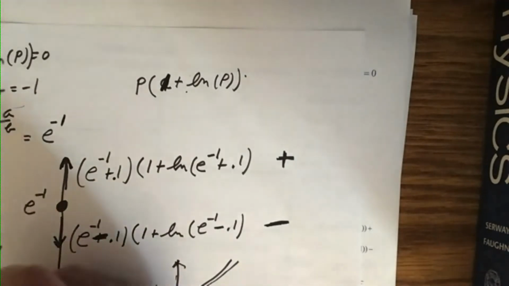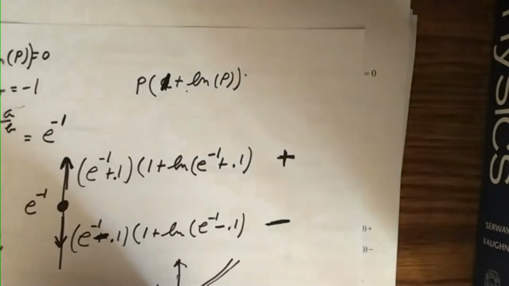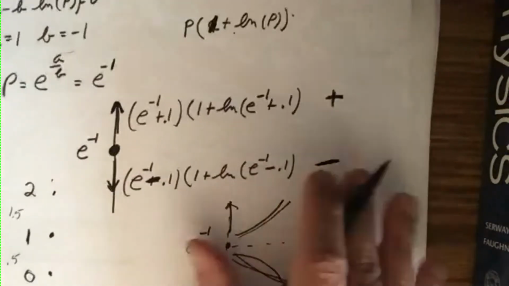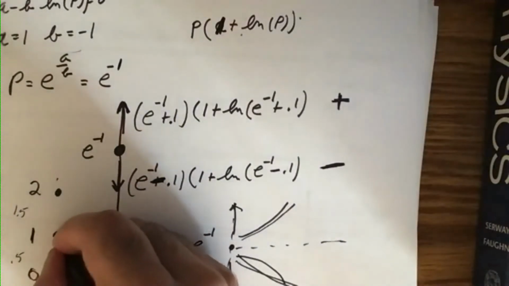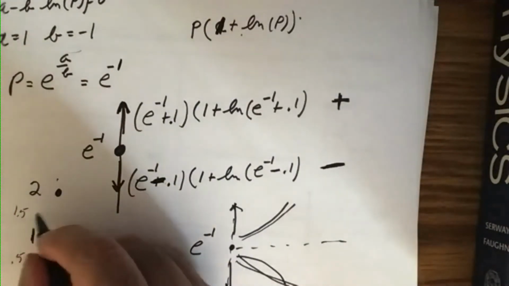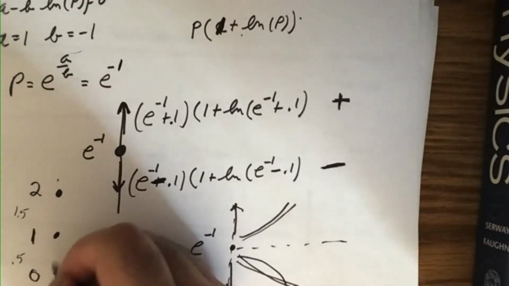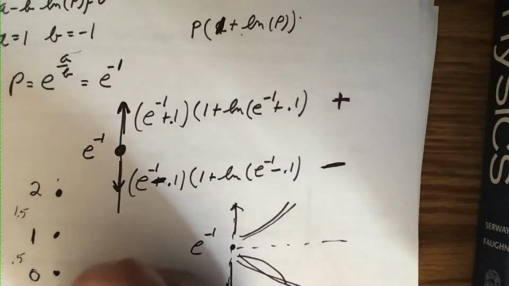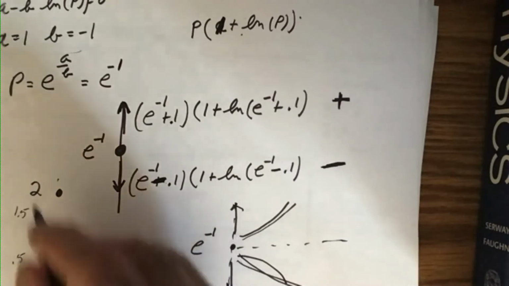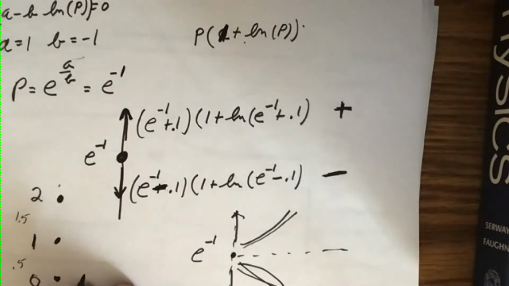I could pick 1.5 here to see where the arrow is going, and I could pick 0.5 here. And here I could pick -2 to see which direction the arrow is. All right, so you pick a point in between your critical points.